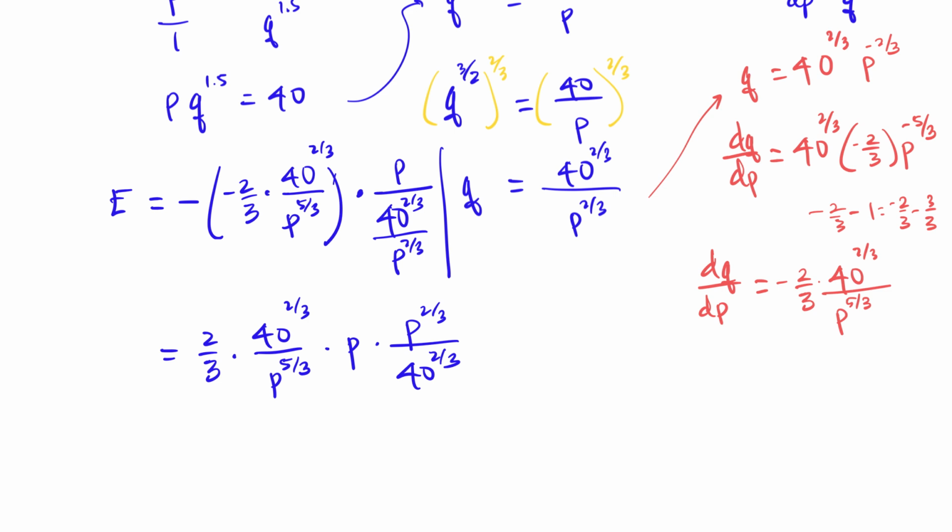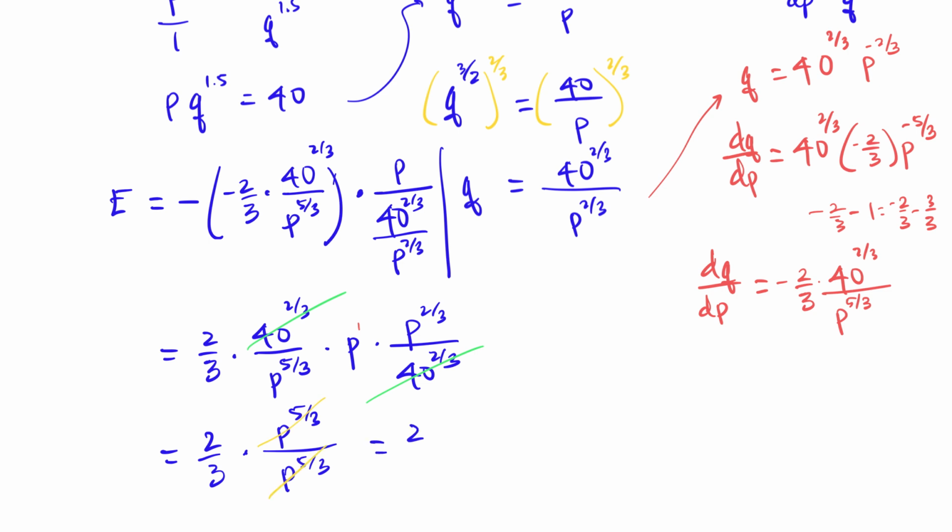The first thing we notice is that we can cross out this 40 to the power 2/3 top and bottom, and we get 2/3 times P to the power 1 times P to the power 2/3. 1 plus 2/3 is 3/3 plus 2/3, which is 5/3. And in the denominator, we still have P to the 5/3, and this cancels out as well.